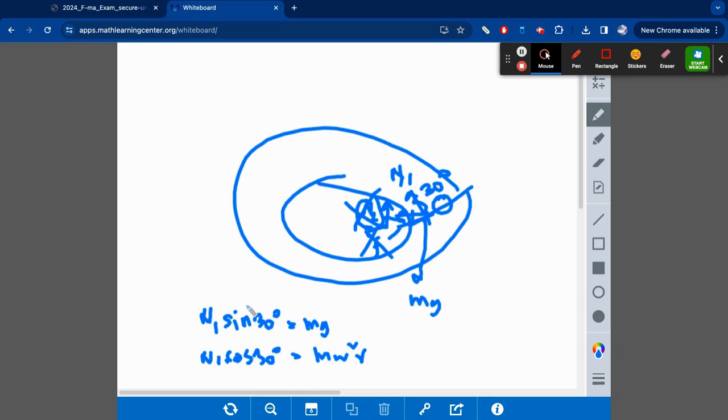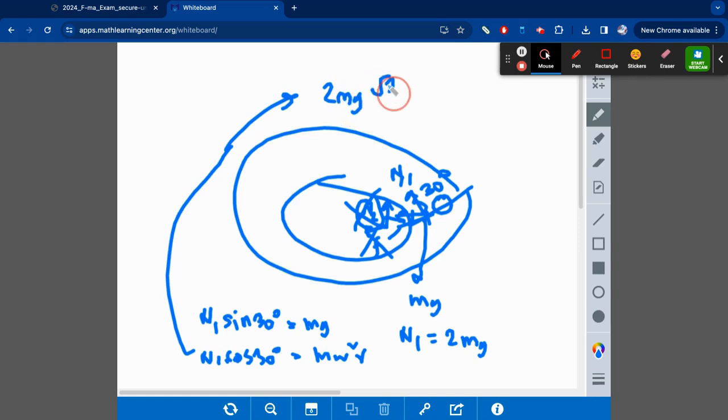Okay, so we know that sine 30 degrees is just 1/2. So N1 equals 2mg. And if we plug into this equation, 2mg cosine 30 degrees, root 3 over 2, equals m w squared r.